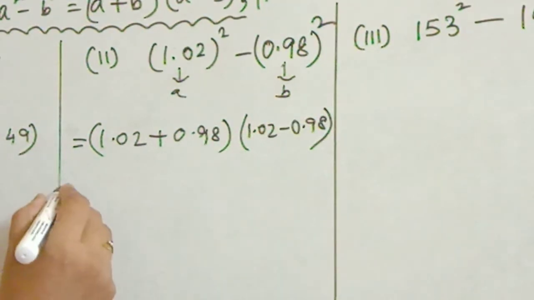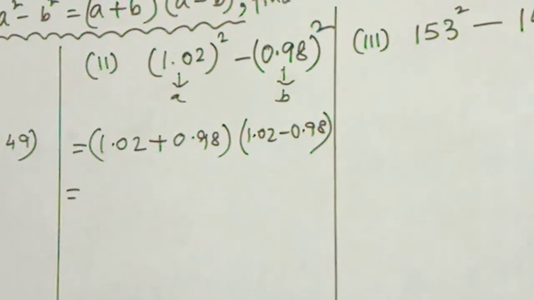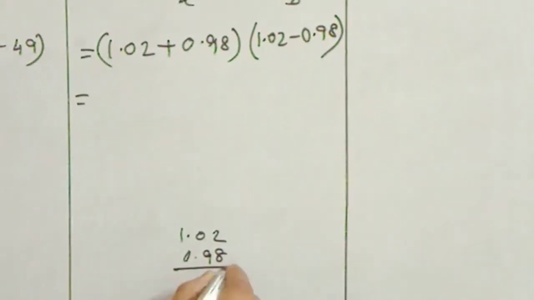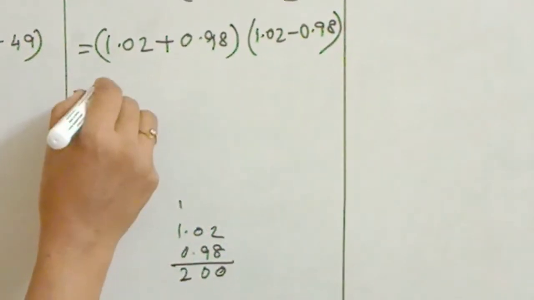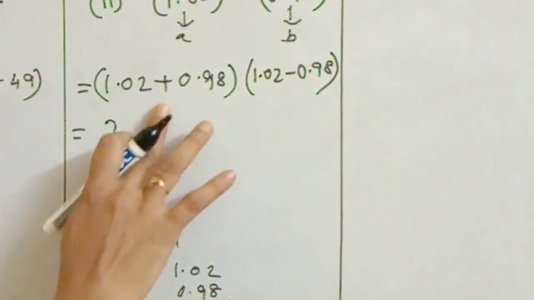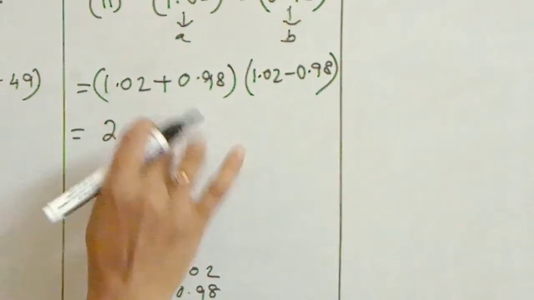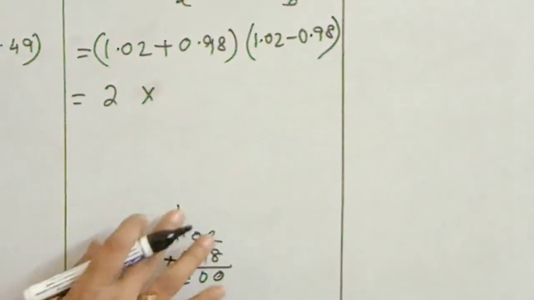When we add 1.02 and 0.98, we get 2.00, that means 2 only. You can write directly 2 into, when you are adding this, you are getting 2.00.